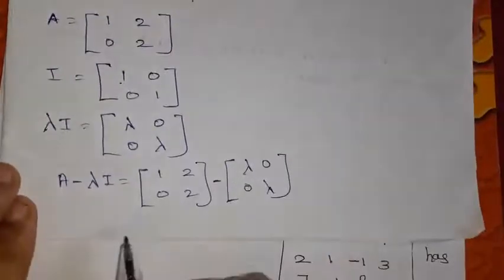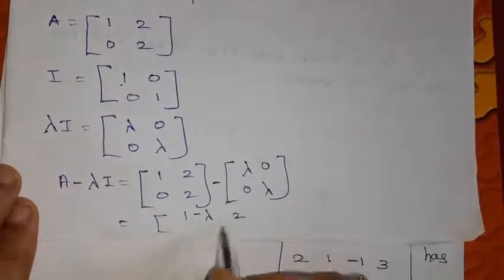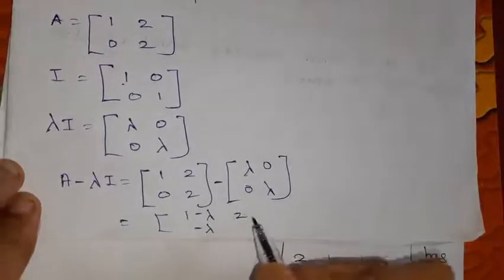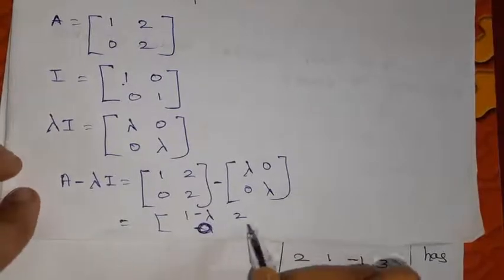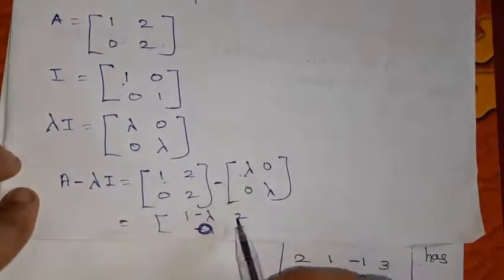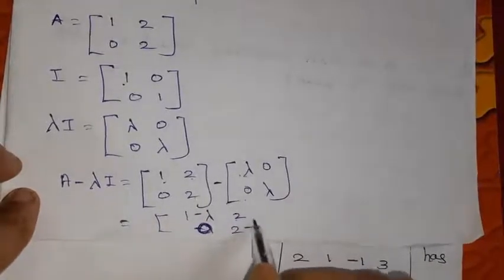What will we get? 1 minus lambda, 2, 0 minus 0 is 0, then 2 minus lambda. So this is the matrix.